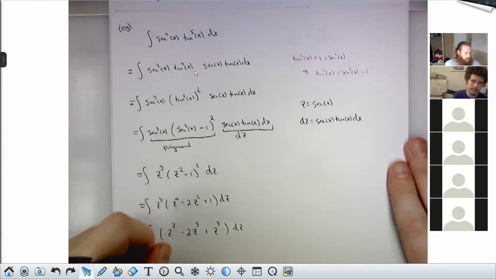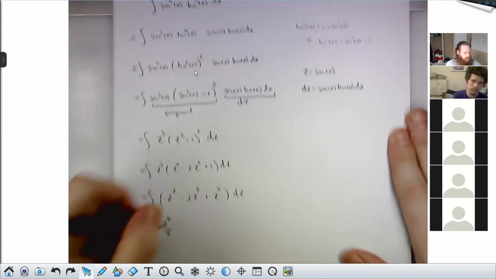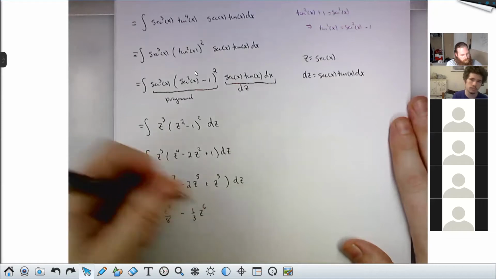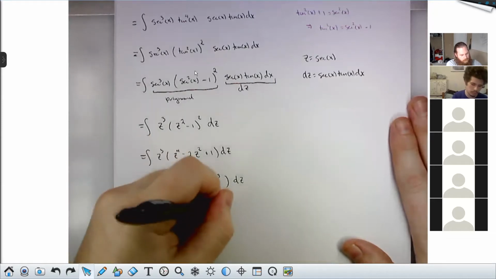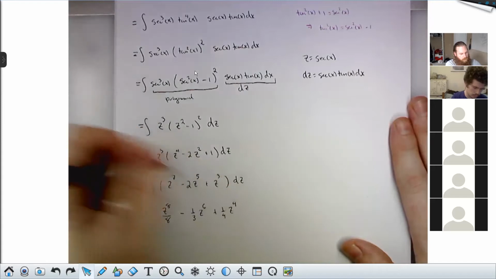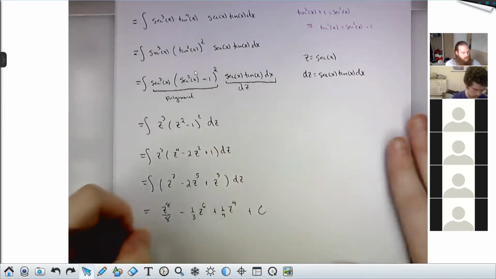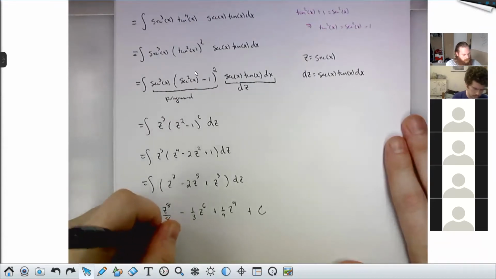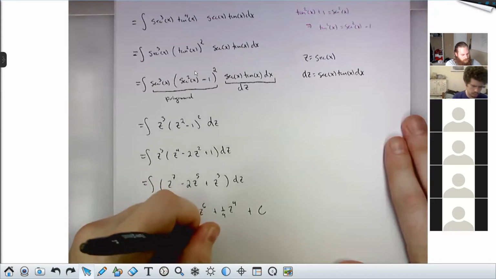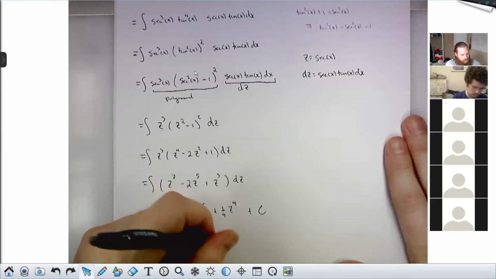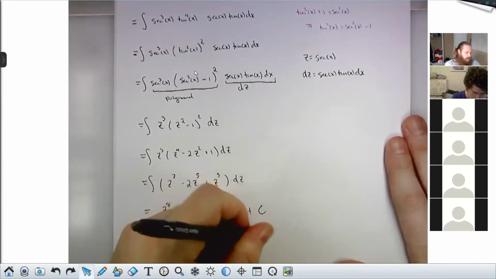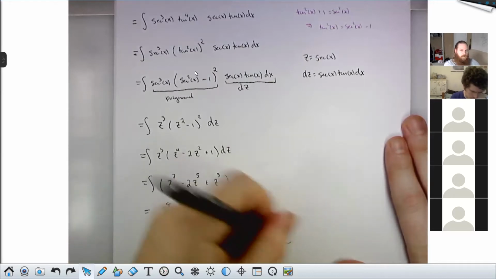And your antiderivative is z to the 8 over 8 minus 1/3 z to the 6 plus 1/4 z to the 4 plus c. And then we go back. So this will be the 8th power of secant x over 8 minus the 6th power of secant x over 3 plus the fourth power of secant x over 4 plus a constant.